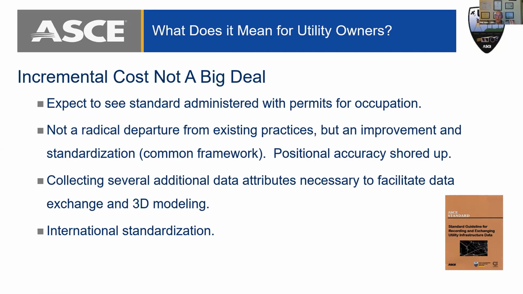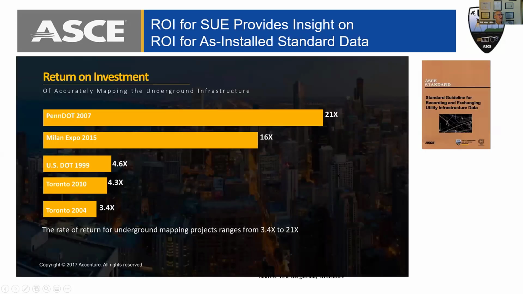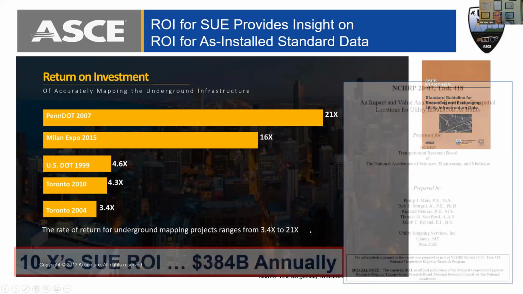And we're just tweaking what they're doing to get everybody to line up the same. And for new installation, like I said, they'll be able to use that data for their own projects. So there's a huge value there. So we know there's a big return on investment by doing 38-02.